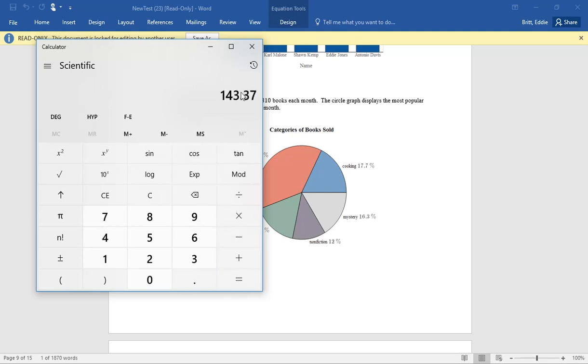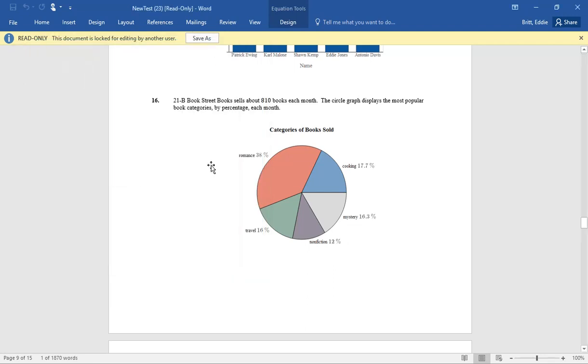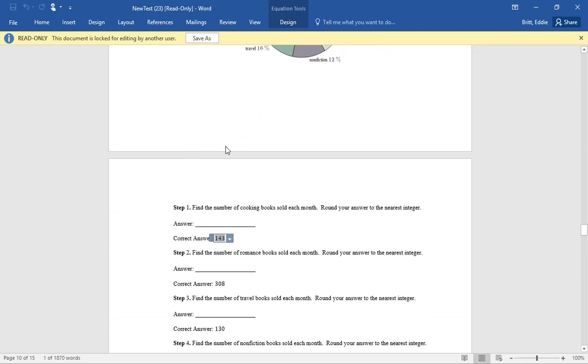So if you rounded it to the nearest integer, you could do 143. Again, I'm fine with 143 or 144. If I'm grading this by hand, I'll give you credit for either. If you're doing it on the computer, then I want you to put 143 to the nearest integer. I just know we were working one like that and it gave us the wrong answer one time.